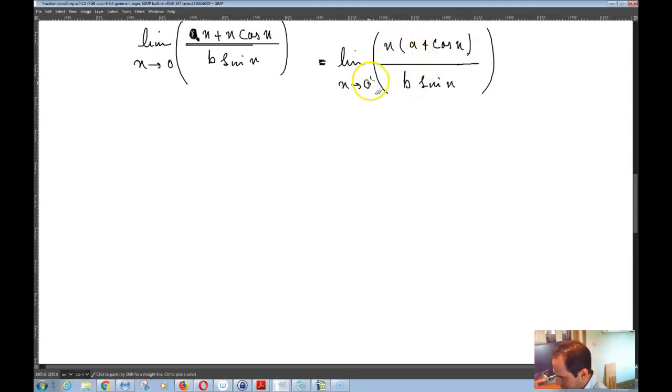Now you can see that when x tends to 0, the x over here in the numerator makes the whole numerator 0. And sine 0 is also equal to 0, so then you will get 0 divided by 0.